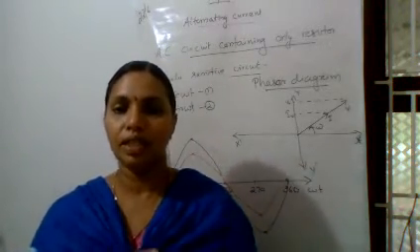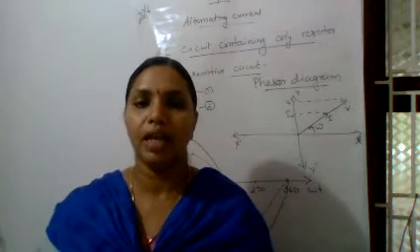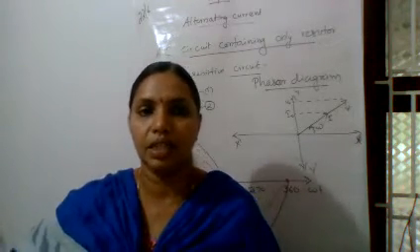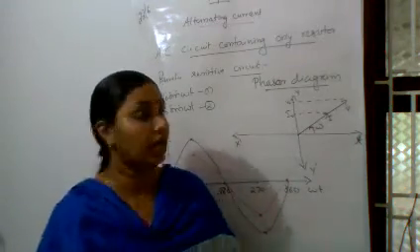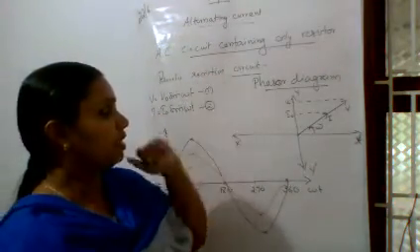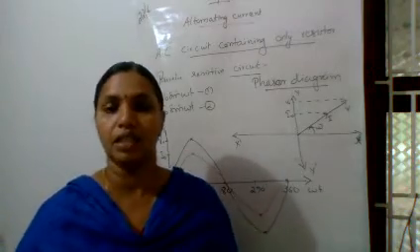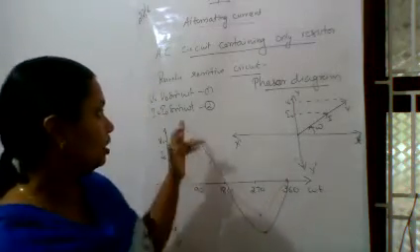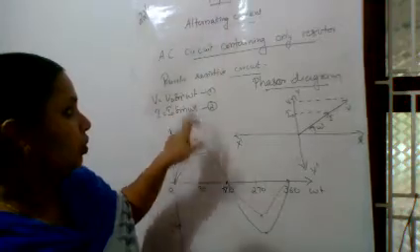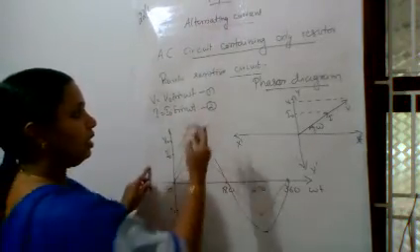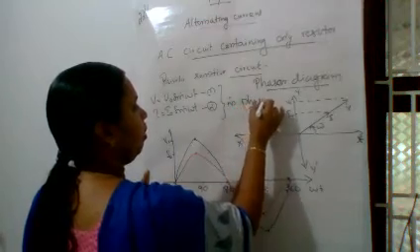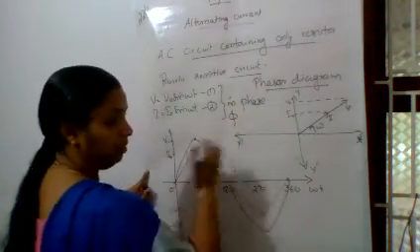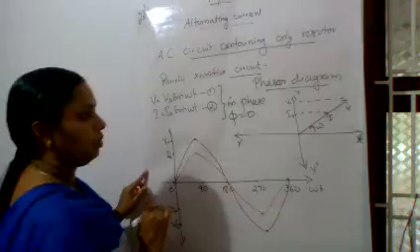Any quantity rotating with an angular velocity, we can represent as a phasor. The first circuit we are considering is the purely resistive circuit, only a resistance in that circuit. In such cases, both the voltage and current are in phase. Very important: in phase, or the phase difference represented by phi is equal to 0.